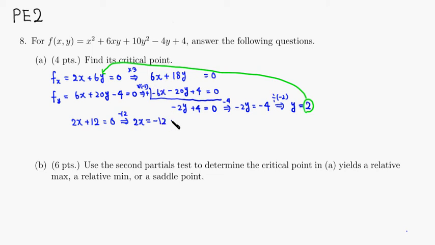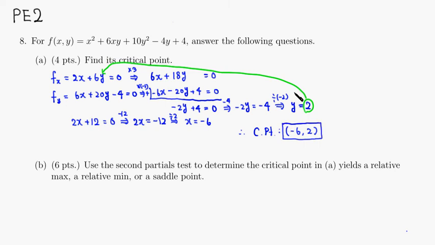Then divide through by 2 to get the x value to be negative 6. Therefore, the critical point is x equals negative 6 and y equals 2. So that's part A.